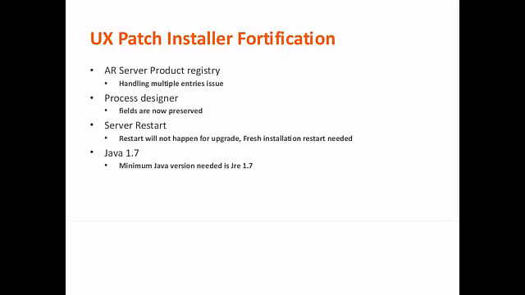Another functionality: if you are upgrading the UX patch from drop to drop or version to version, then a server restart is not required, as we are not making any changes to the social cloud plugin. If you are doing a fresh installation of the UX patch, a server restart is needed as we register the plugin.